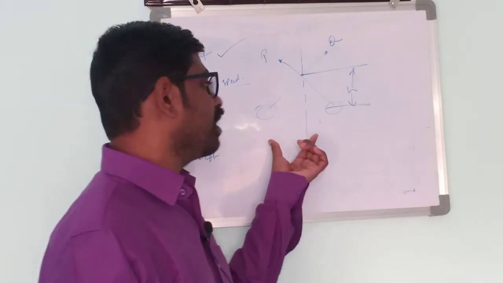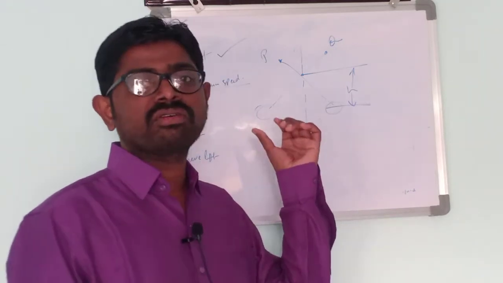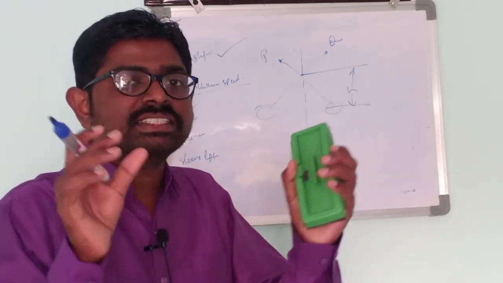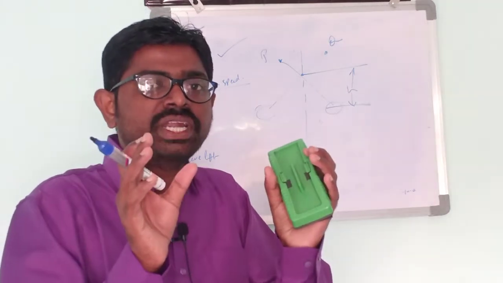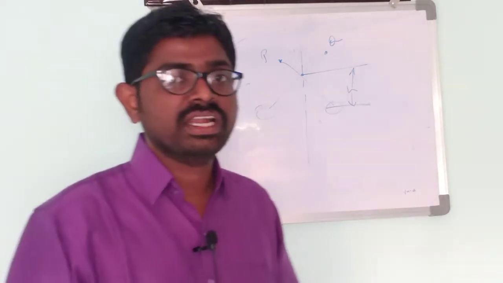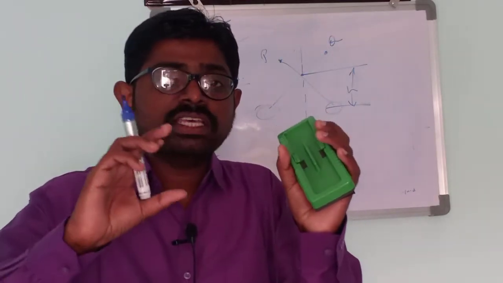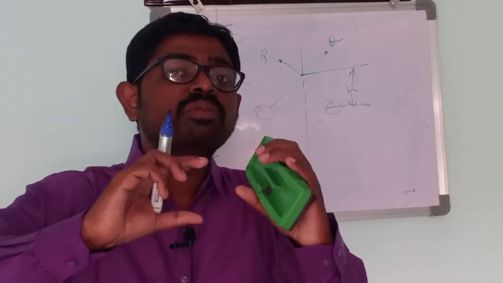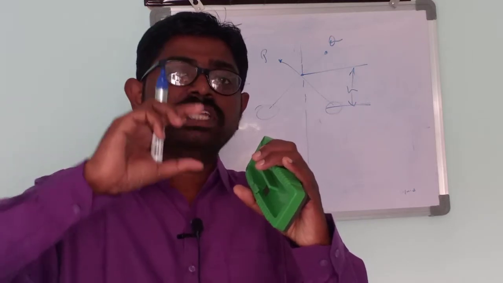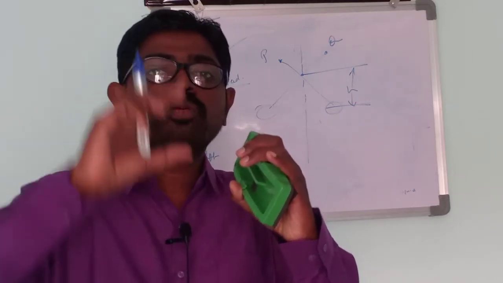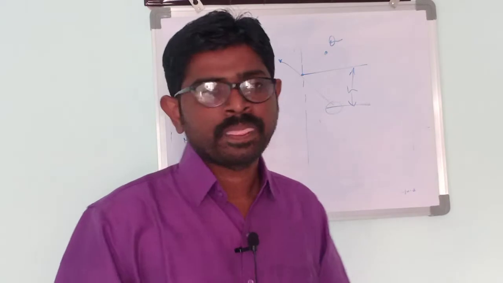I told you in the working principle of the governor, whenever the speed is increased, the centrifugal force is increased and the governor balls will move outward. Automatically, the spindle sleeve will move upward. There will be upward and downward movements for the spindle.